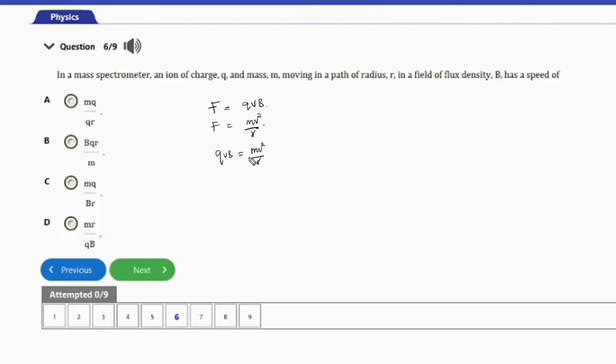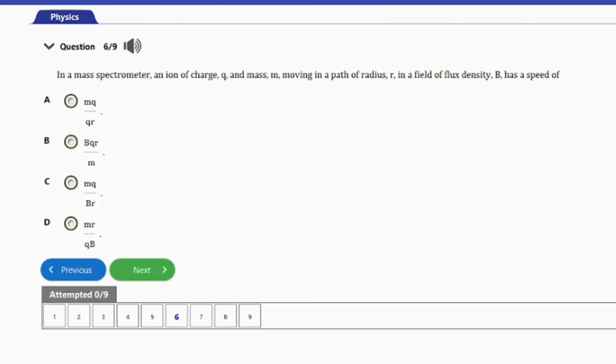So in that case, if we go ahead to resolve this, we are going to have QVB times r is equal to mv squared. So if we make v the subject of this equation and rearrange this, we are going to have v is equal to bqr over m. So that's it for this question, and option B is the answer to this question, bqr over m.